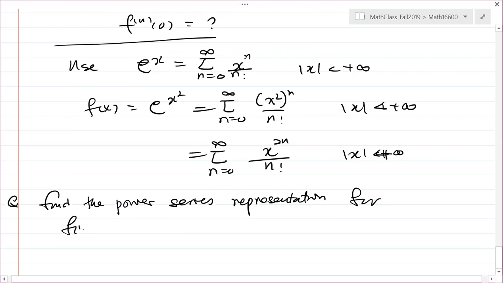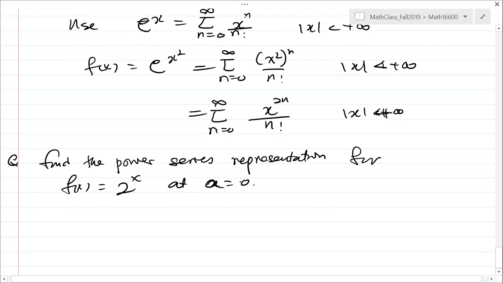for the function 2 to the x at a equals 0 or at a equals 1, doesn't matter. Then you say, okay, I put 2 to the x. Now, it's similar to e to the x, but it's not like that.